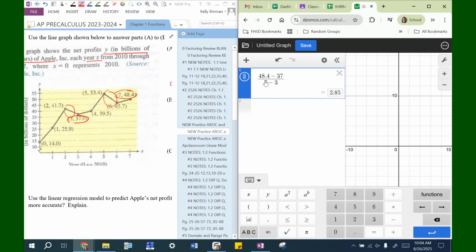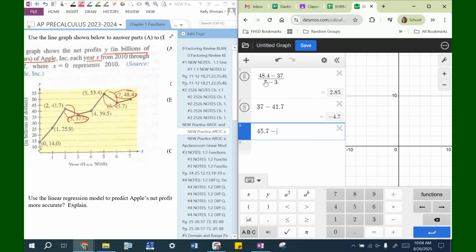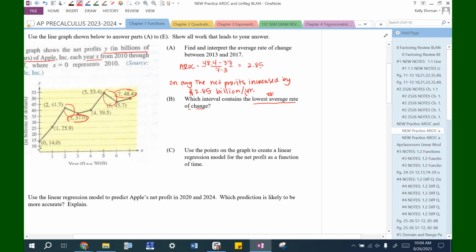The first one is, on a new line, 37 minus 41.7. So that's a drop of 4.7 in 1 year. And then the next one is 45.7 minus 53.4, negative 7.7. So there's a more drastic drop here.